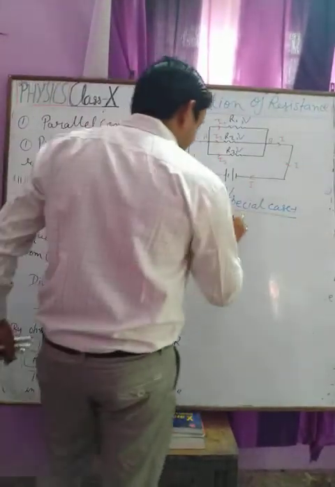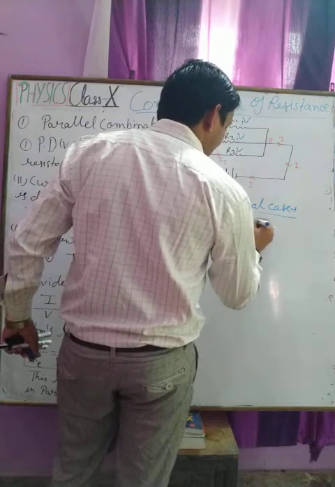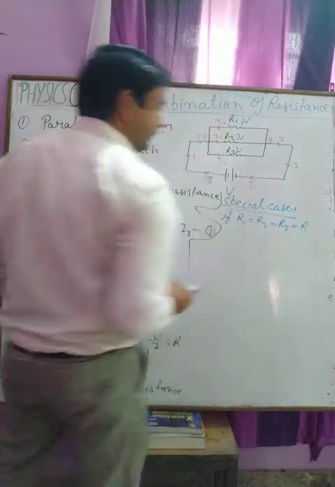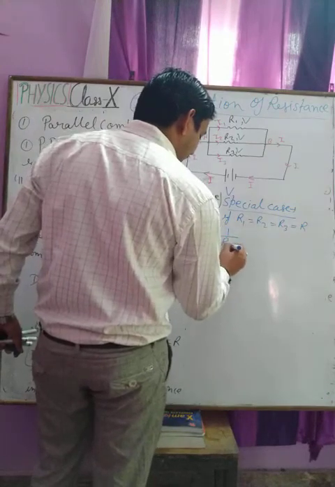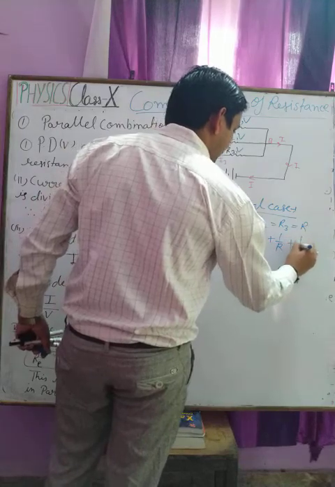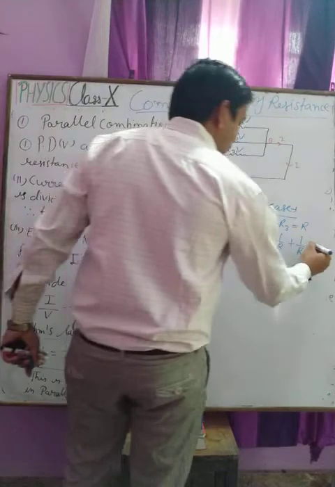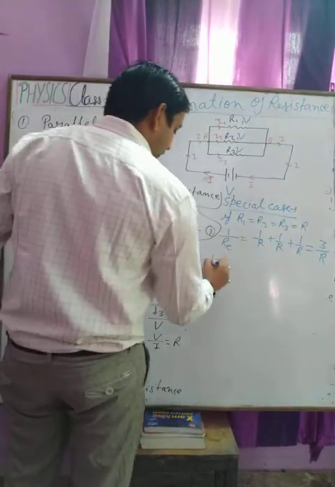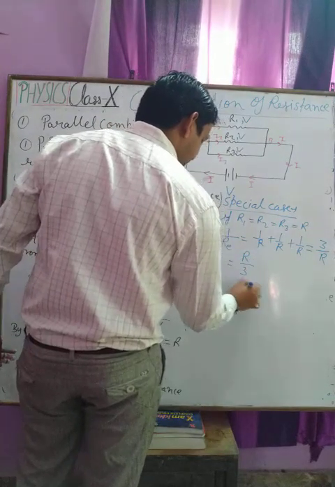First we have, if R1 equal to R2 equal to R3 is equal to R. Therefore what we get, 1 upon R equivalent is equal to 1 upon R plus 1 upon R plus 1 upon R. If denominator is same, all these add up, that is 3 upon R. Therefore we get the equivalent resistance is R upon 3.